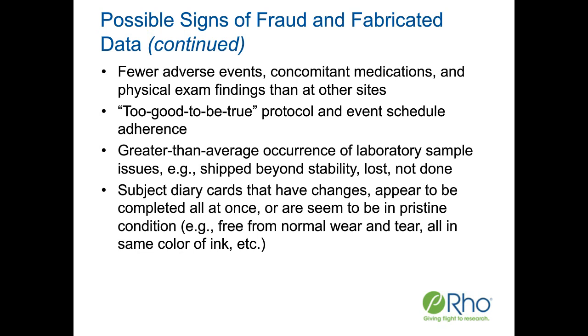If you have greater than average occurrence of laboratory sample issues, it might be possible that there's something they're trying to hide. Perhaps this is one of the indications that subjects may not even exist, if it's hard to get a specimen on a participant. And then where there are diary cards that are handwritten.